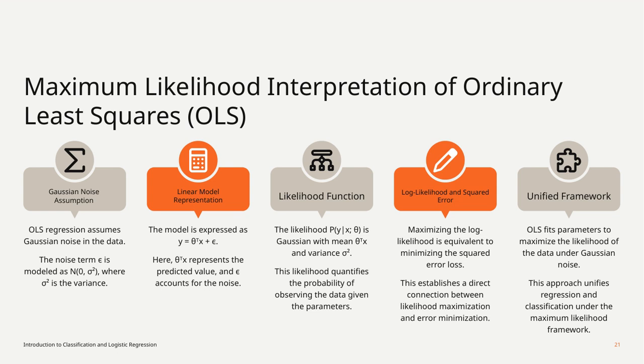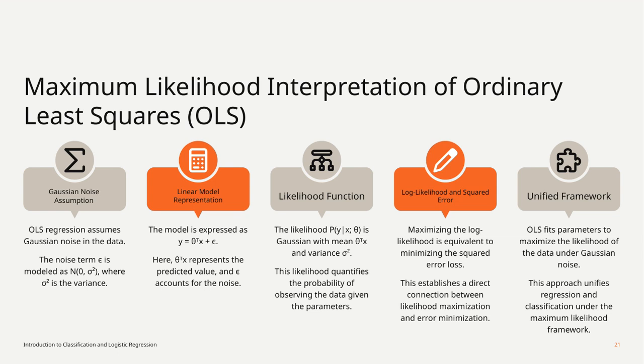The likelihood function, p of y given x and parameters theta, is modeled as a Gaussian distribution with a mean of theta transpose x and some variance sigma squared. This essentially quantifies how probable our observed data is, given specific parameter values. In terms of the model, we're expressing y as theta transpose x plus some noise term epsilon.